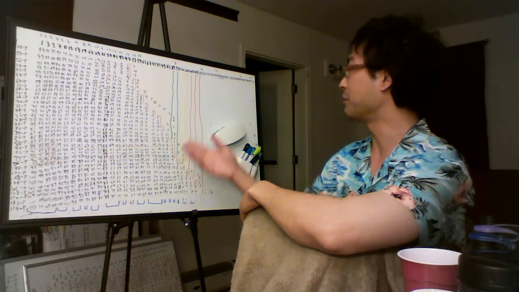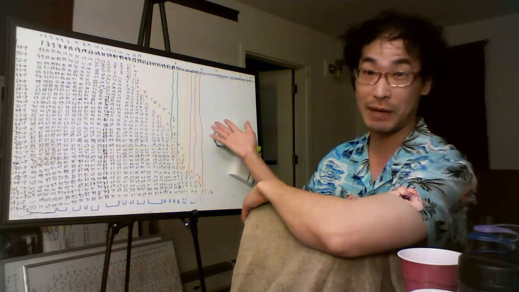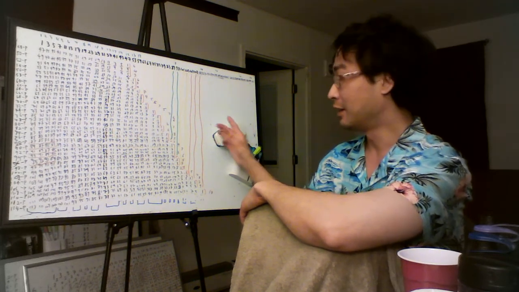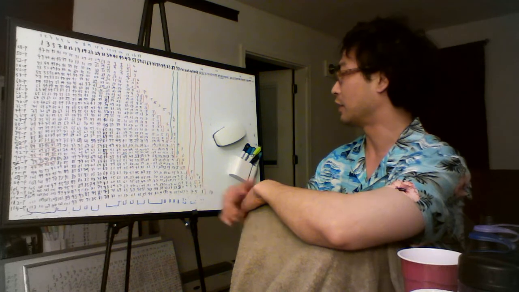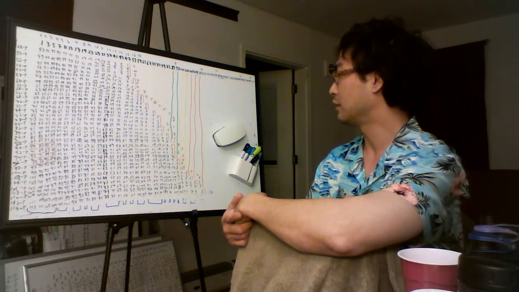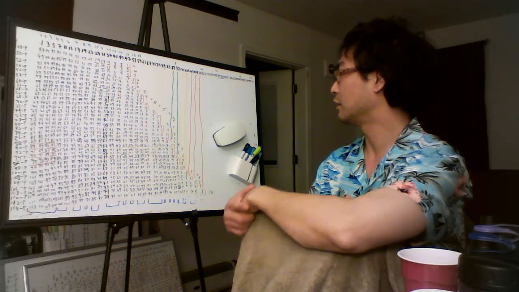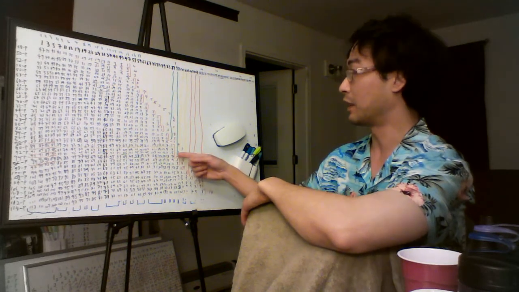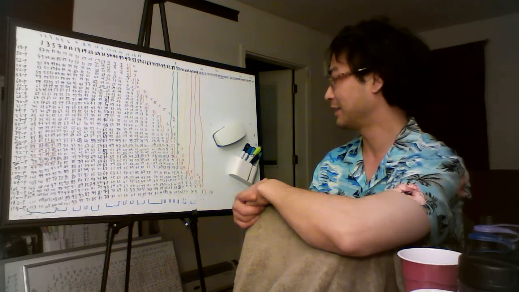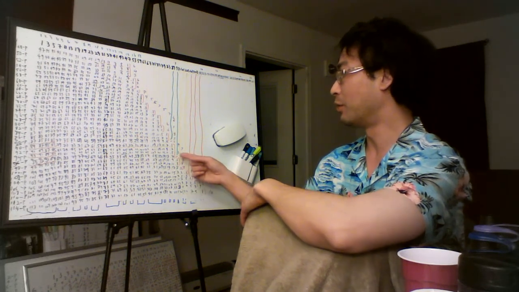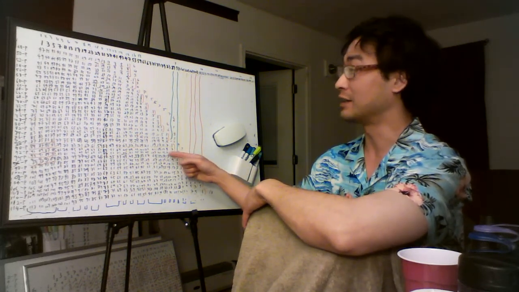But let's say the prime gap is 100, then the ending number here will be like 99, right? And all the numbers will be more than 99.